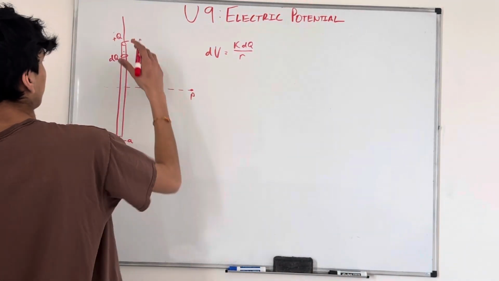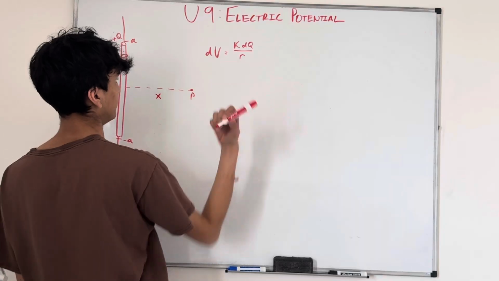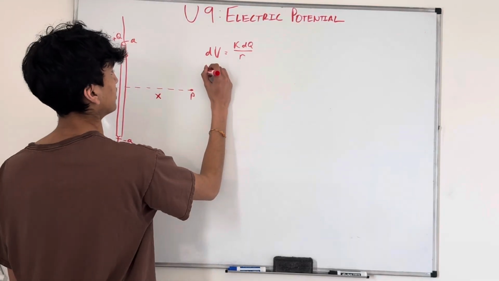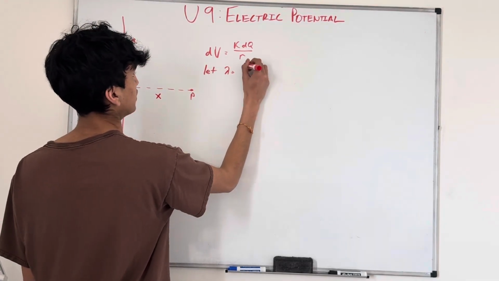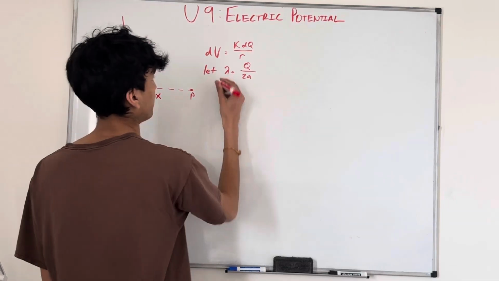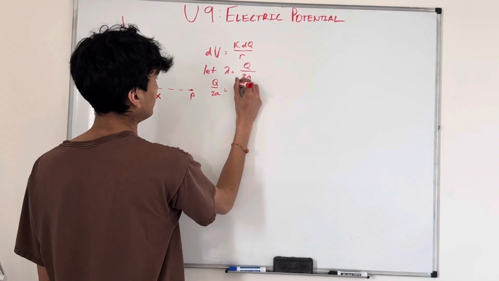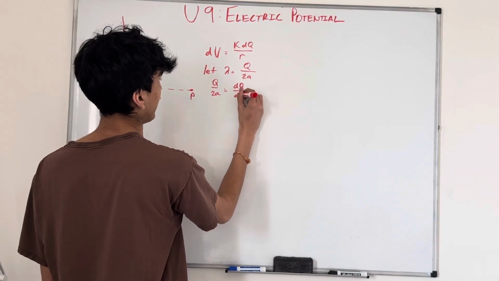First of all, if this is uniformly distributed, that means there's a certain charge density lambda. So let lambda equal Q over 2a, which is total charge over total length. Then Q over 2a is going to equal dq over dy.